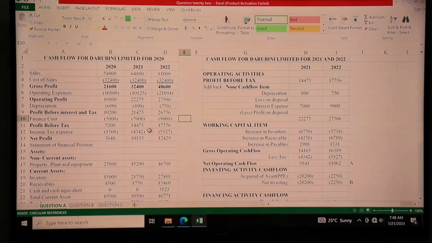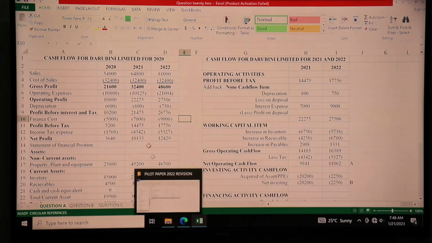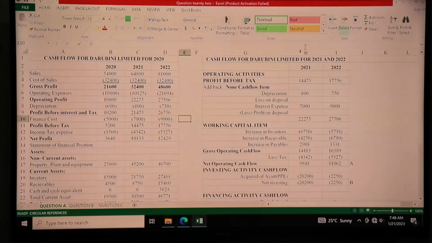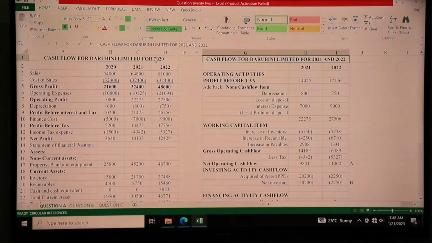So I've shared one of the questions that you are given on the first paper. This has a solution, and I want you to see something here about this paper. The question was asking the user to prepare the cash flow for this company for 2021 and 2022.